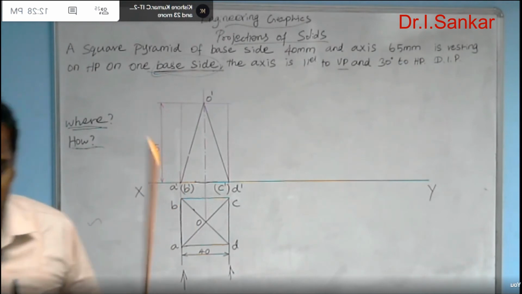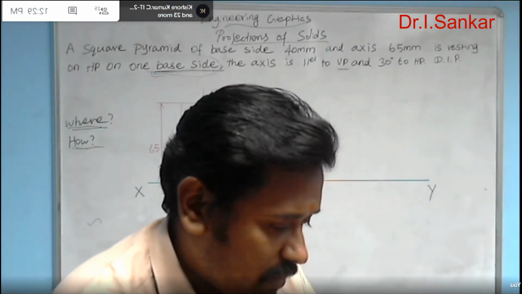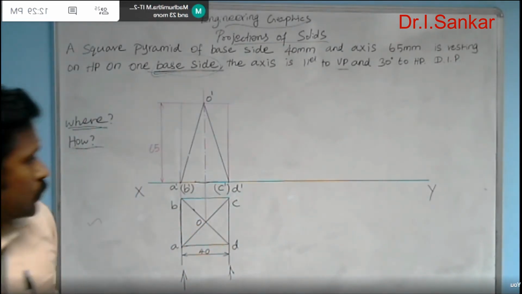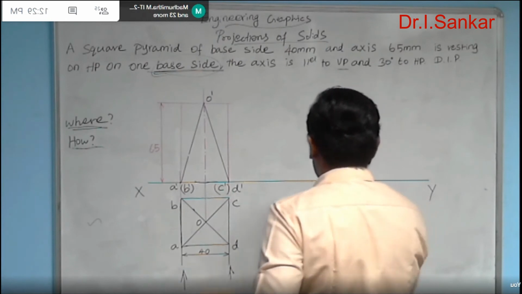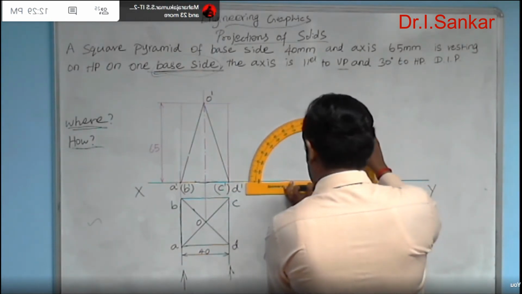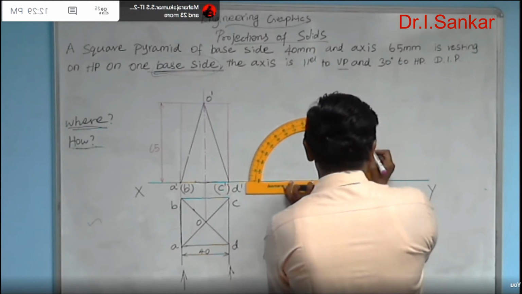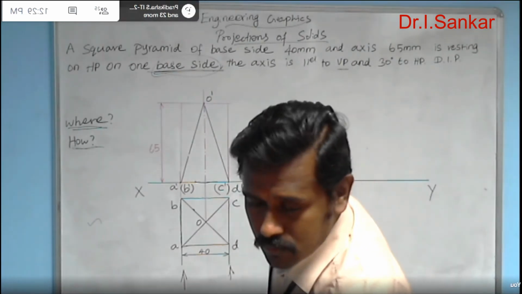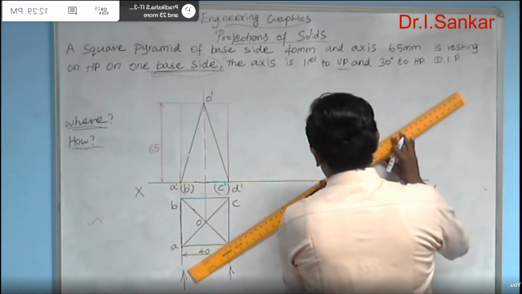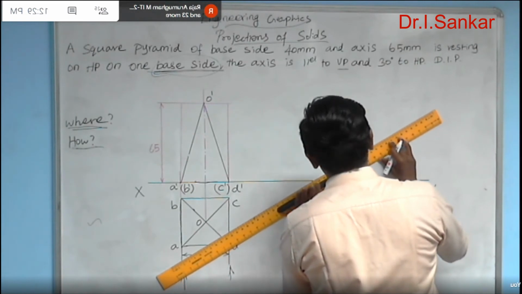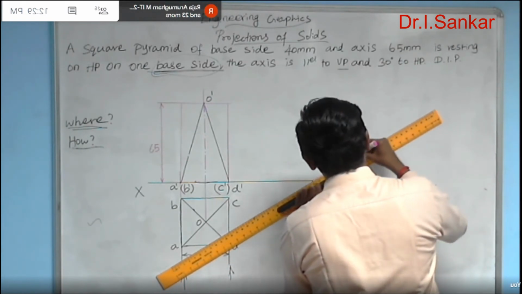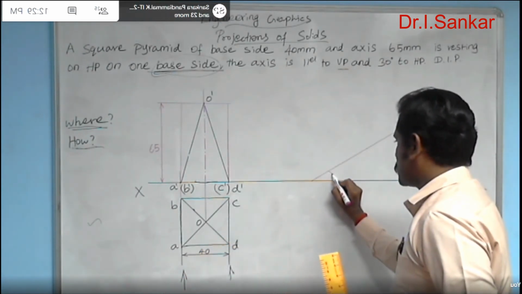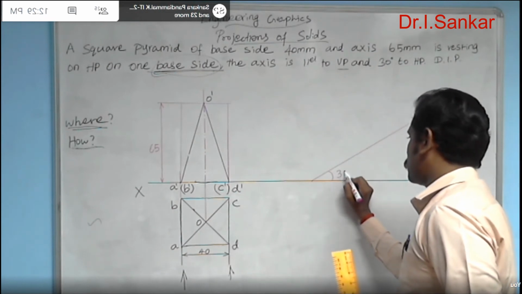For that, first I need to draw a pilot line which is 30 degrees inclined to XY. This line is 30 degrees inclined to XY.